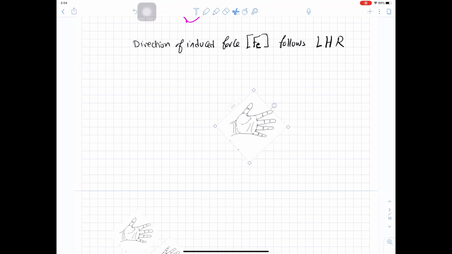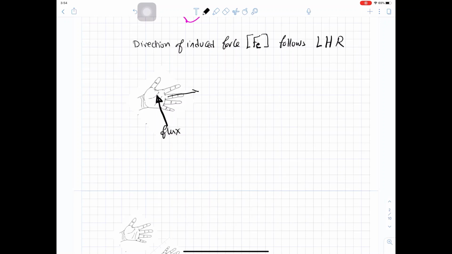If this is your left hand, you will receive the flux into your hand. This is the flux. So the flux should go into your hand. Your fingers should be pointing to the direction of the current. Your thumb will point to the direction of the force. And this is the left hand rule.